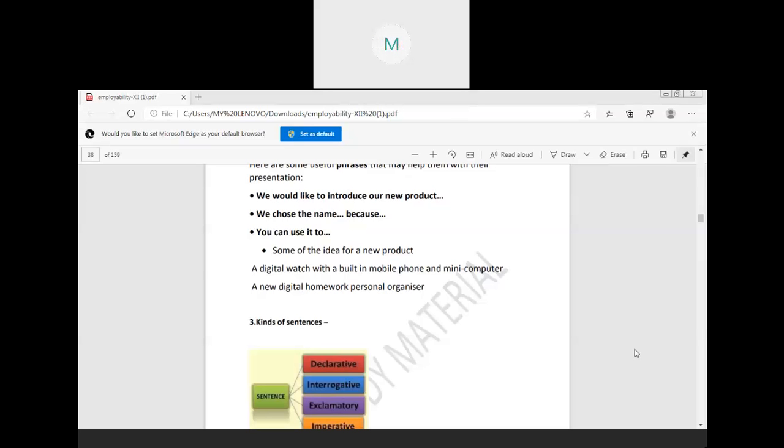Excellent answer. Okay. Tanu, what is a declarative sentence? What is a declarative sentence? Tanu. Yes, Tanu. Aniket, आप बताओ बेटा declarative sentence. What is a declarative sentence?